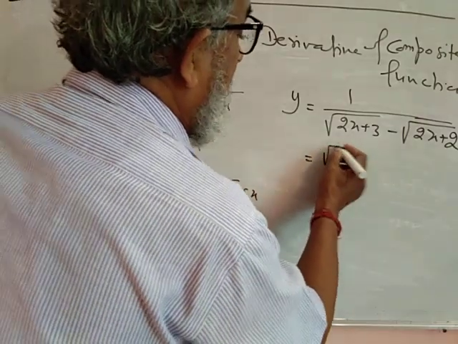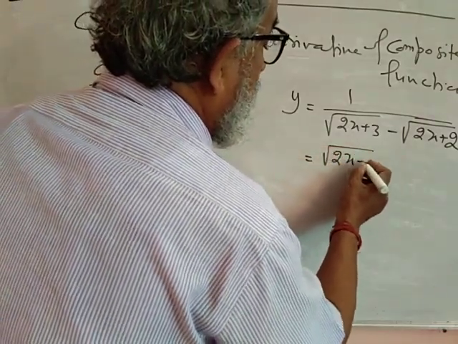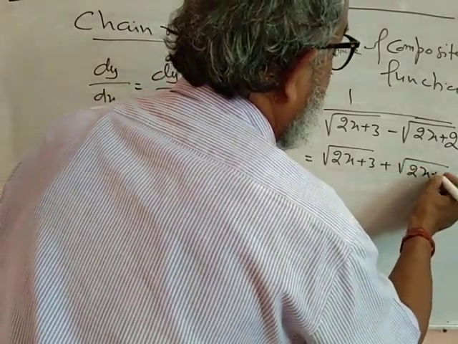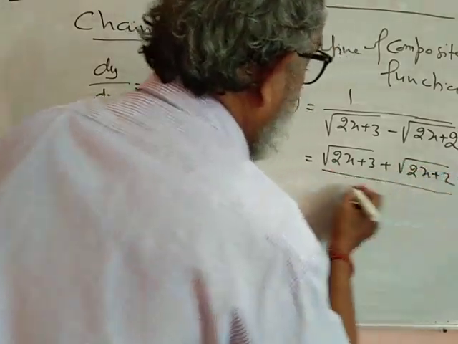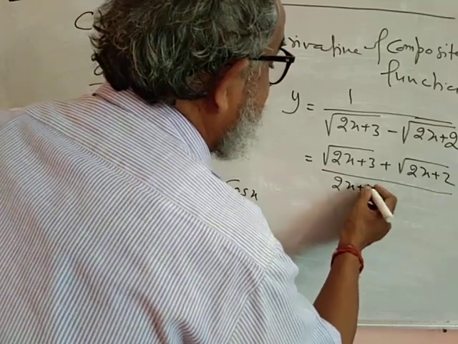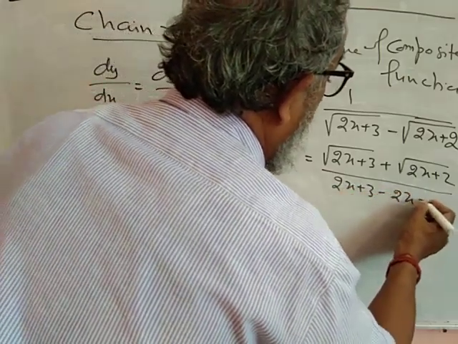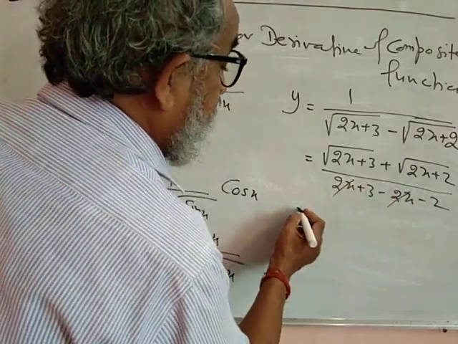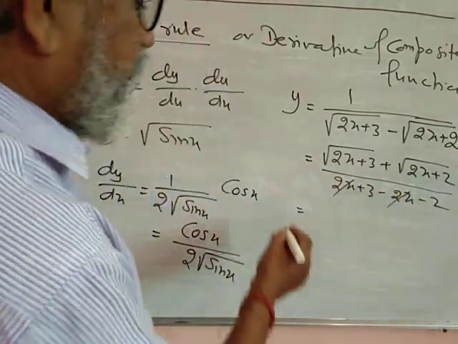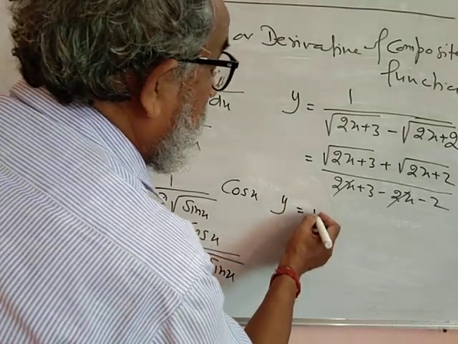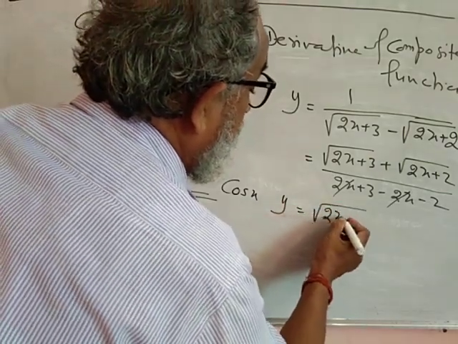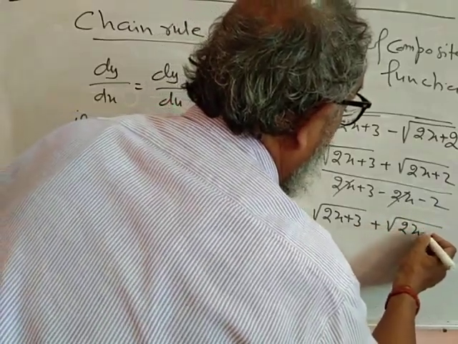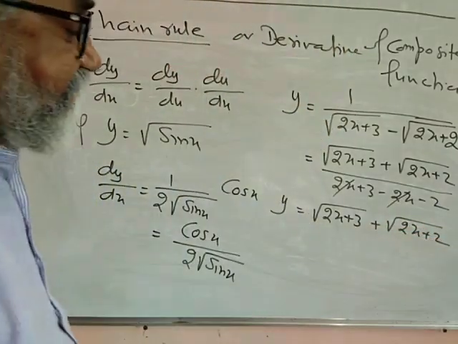So this will become (under root 2x plus 3 plus under root 2x plus 2) upon (2x plus 3 minus 2x minus 2). So 2x gets cancelled, 3 minus 2 is 1. So y is equal to under root 2x plus 3 plus under root 2x plus 2.